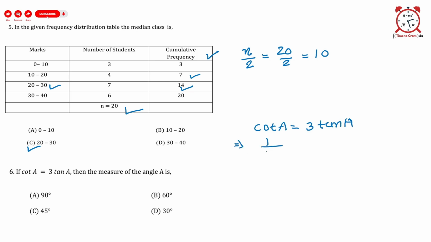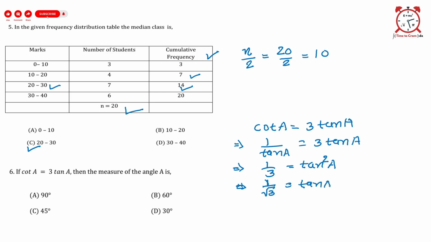So cot A equal to 1 upon tan A equal to 3 multiplied by tan A. Let us bring 3 from multiplication to here, then it will come in the denominator, and if we move tan A from here, then it will go and multiply with the other tan. So tan square A. Now let us take the square root, then we know that 1 upon root 3 equal to tan A. From the trigonometric table, we know that 1 upon root 3 is tan 30.